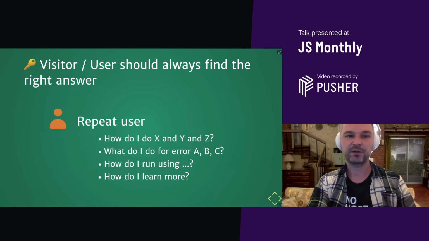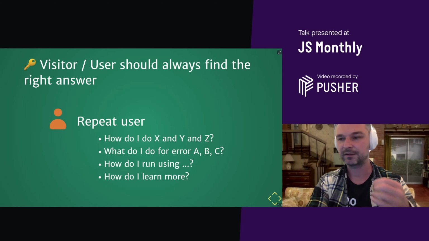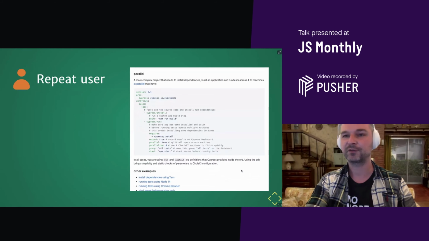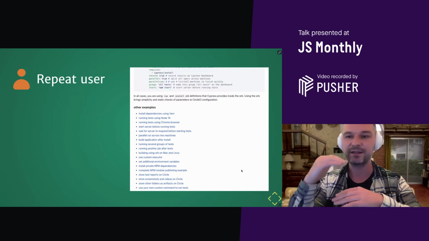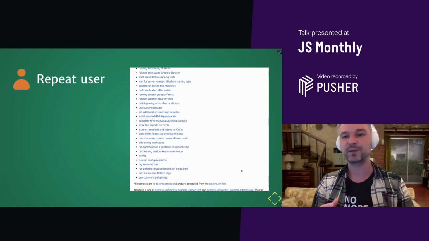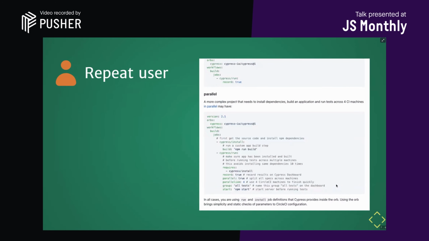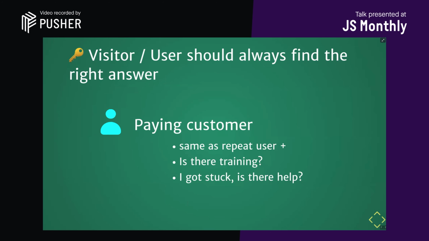Another user persona could be a repeat user. They want to know how to do specific things, how to solve errors, right? In that case, you have to write more examples. So after a couple of inline ones, you want to give links to all potential use cases of your software that you foresee people hitting. A repeat visitor has the same questions, but wants training, wants to be efficient, right?